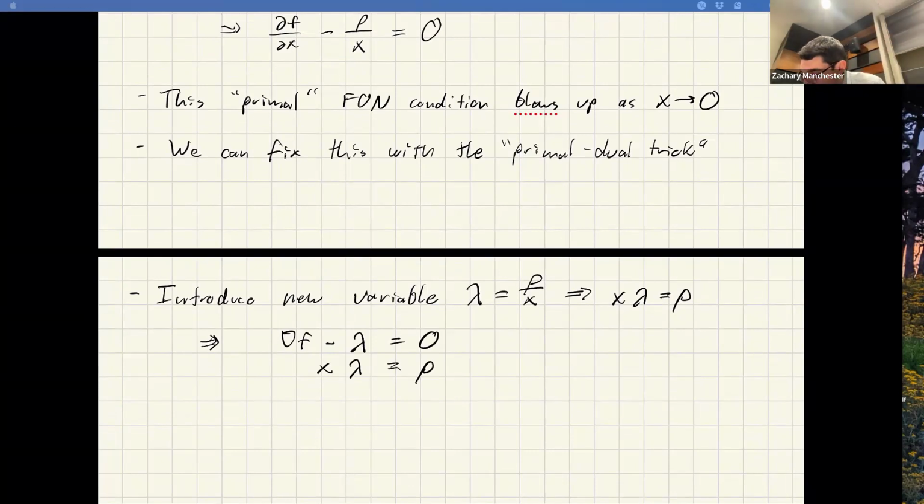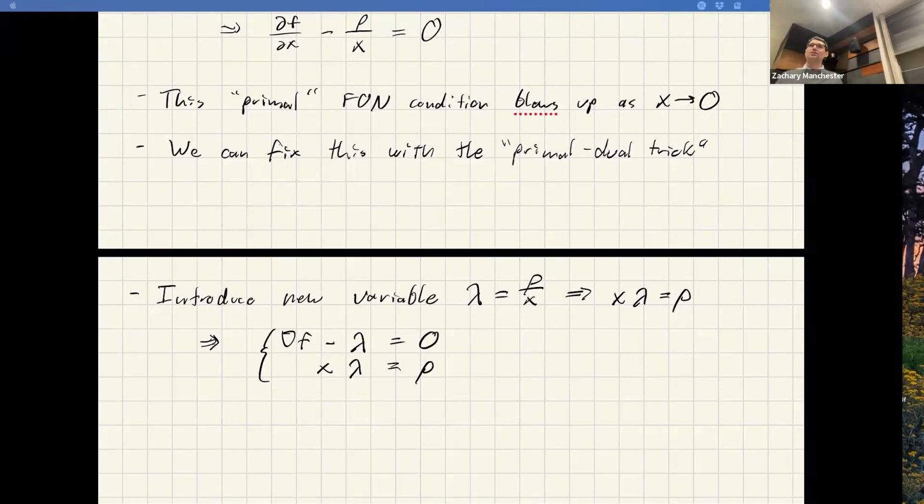But if you stare at this for a second, it should be pretty clear that this lambda is actually taking the same place as a Lagrange multiplier would. And this second line is a relaxation or smoothing of the complementarity from the KKT conditions, right? So instead of x times lambda equals 0, it's x times lambda equals rho.